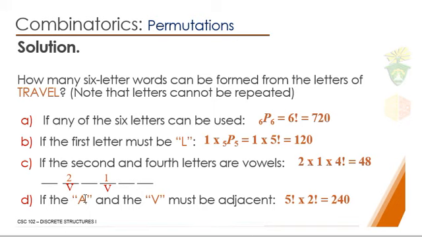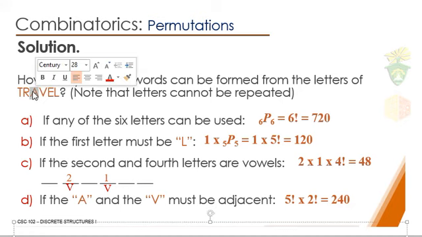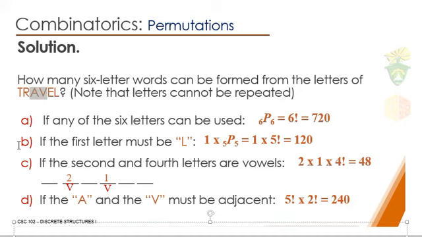If we treat this AV as one letter, how many items do we have to rearrange? We have T, R, AV as one, E and L. So we have 5, which means 5 factorial. 1, 2, 3, 4, 5.